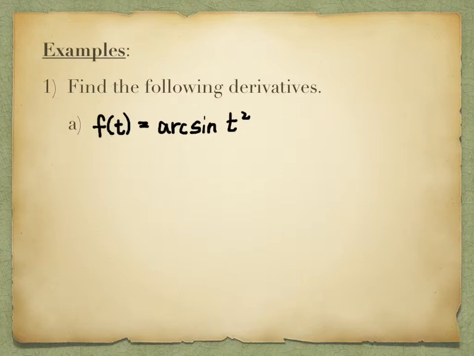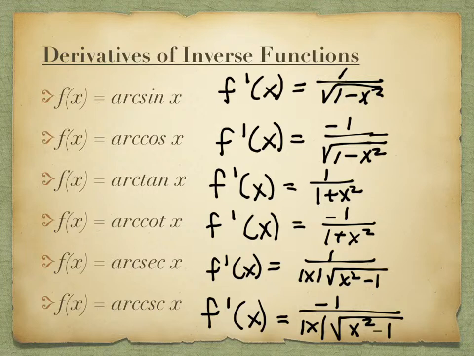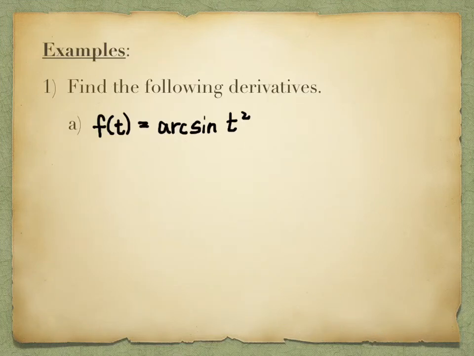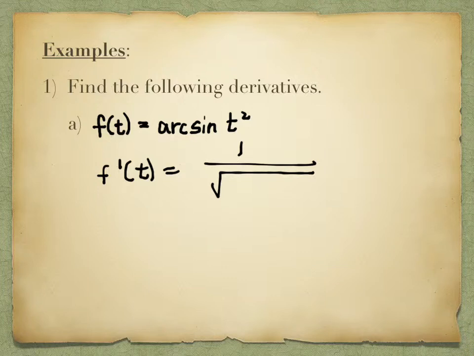Make sense? All right, so we're going to start with the derivative on the very first one for arc sine. So the arc sine is 1 over the square root, so that's where we'll start. So we've got our derivative, and it's 1 over the square root of what? 1 minus, and the original formula says what?